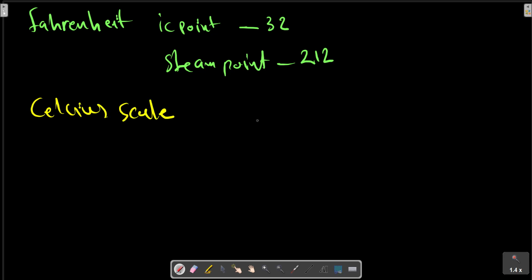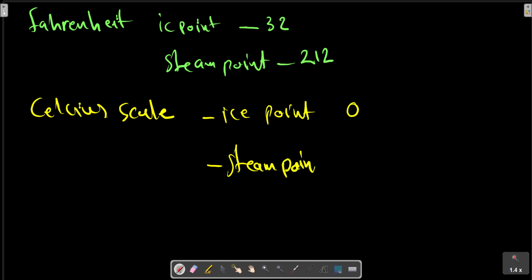And on the Celsius scale we have the ice point of 0 and the steam point of 100 respectively.